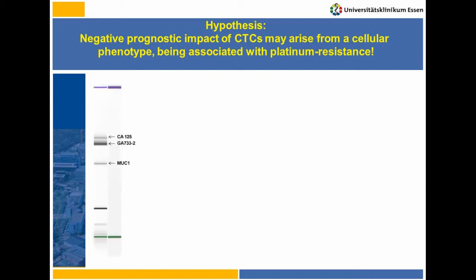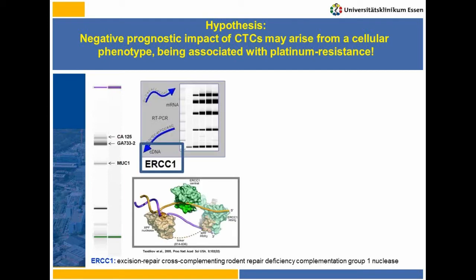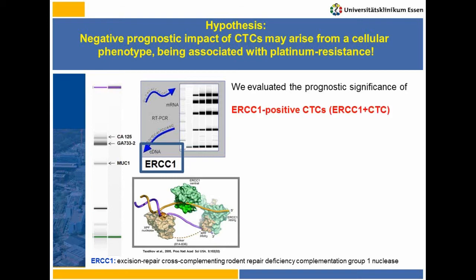So what we did, we took the ovarian cancer test, and in a singleplex PCR, we analyzed ERCC1, which is one marker for resistance, often analyzed in primary tumor tissue. So we evaluated the prognostic significance of ERCC1 positive CTCs.